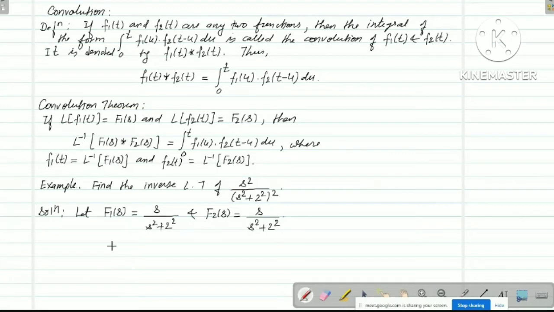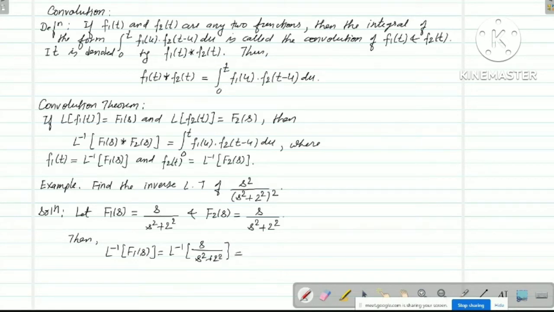Now what do I have to do? We have to find the inverse Laplace transform of this function. So applying the inverse Laplace transform on both sides, L inverse of F1(s) is equal to L inverse of s upon s square plus 2 square.